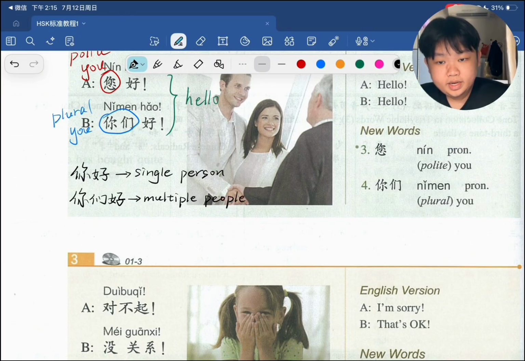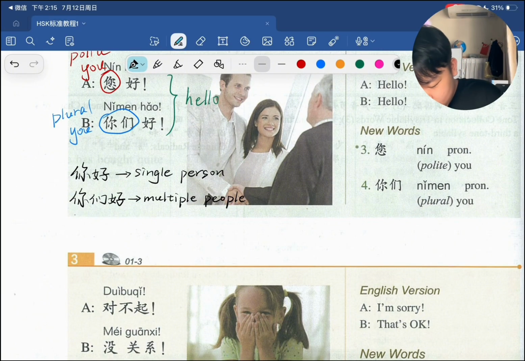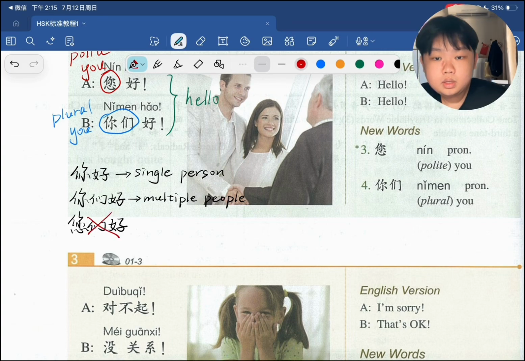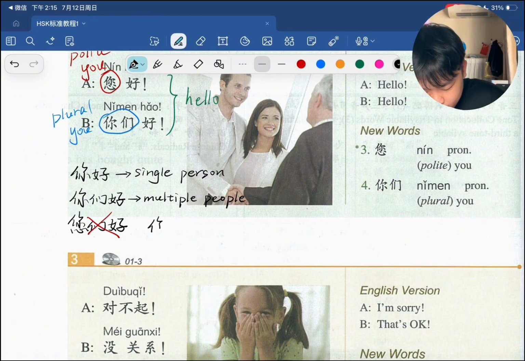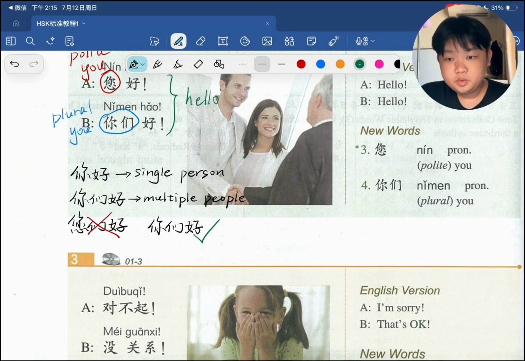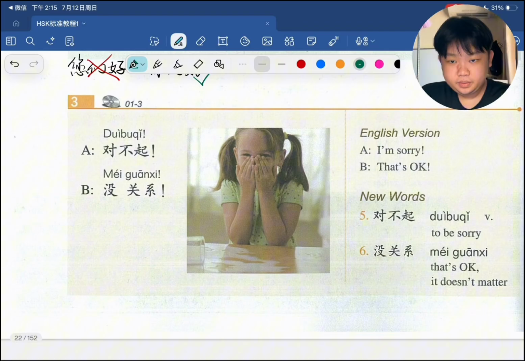Generally, we do not say 你们好 to a single person. That is wrong. Using 你好 is perfectly sufficient. That's correct.